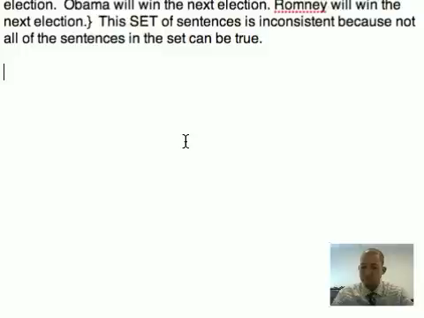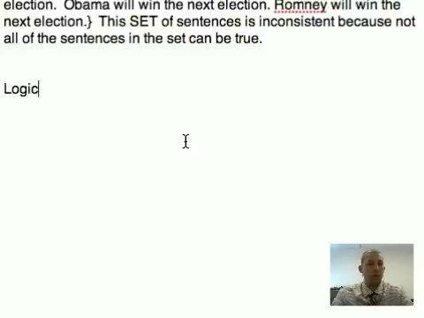Well, some sentences, in virtue of their form, will just always be true. So let me write this down. So first, let's make this point that I just made.